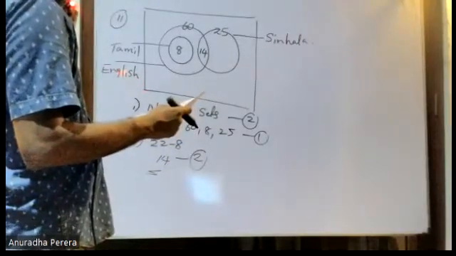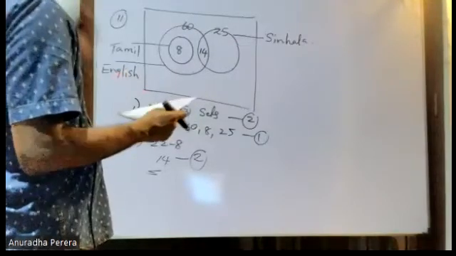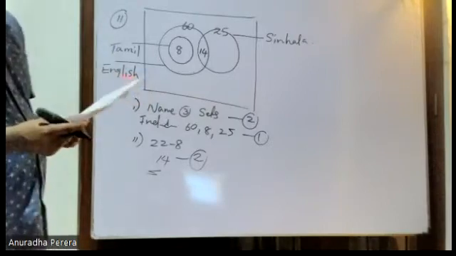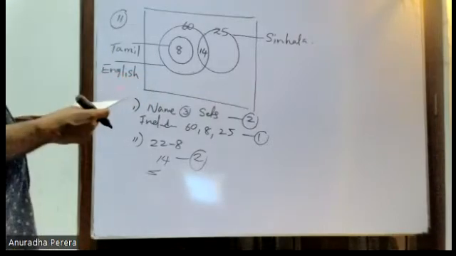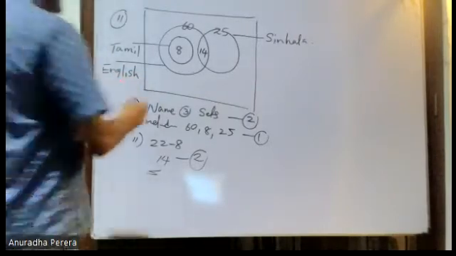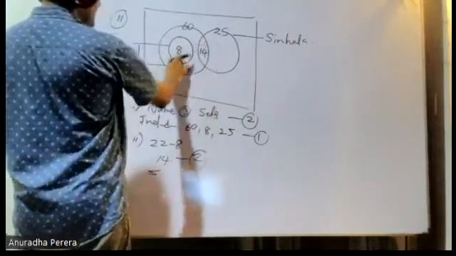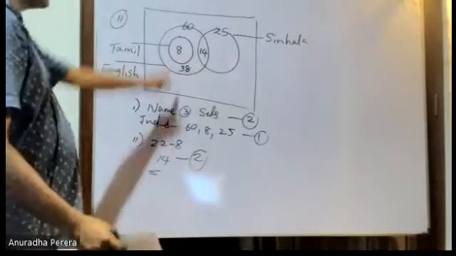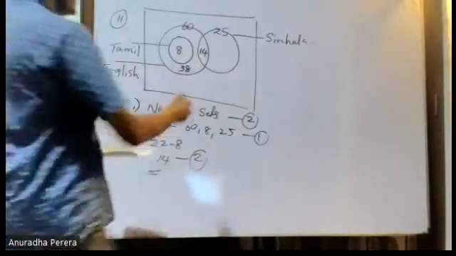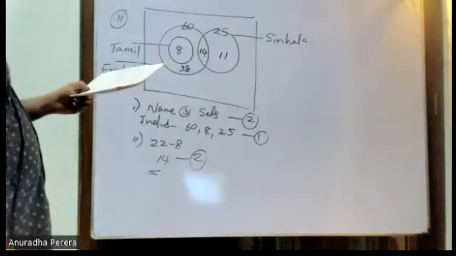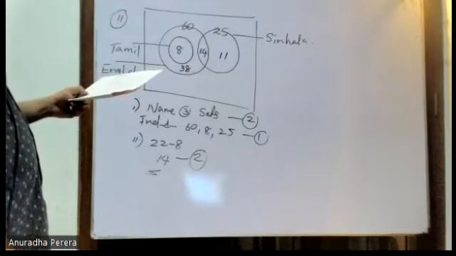If there are 68 employees who do not speak Tamil, this one is 38. Total is 60, 14 plus 8, 22. This is 38, 60. This one is 11. If there are 68 employees who do not speak Tamil.